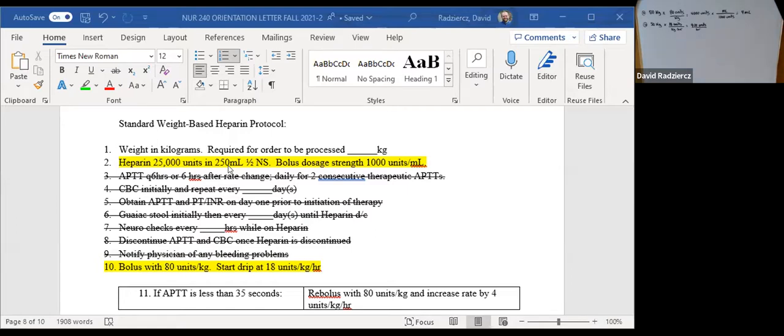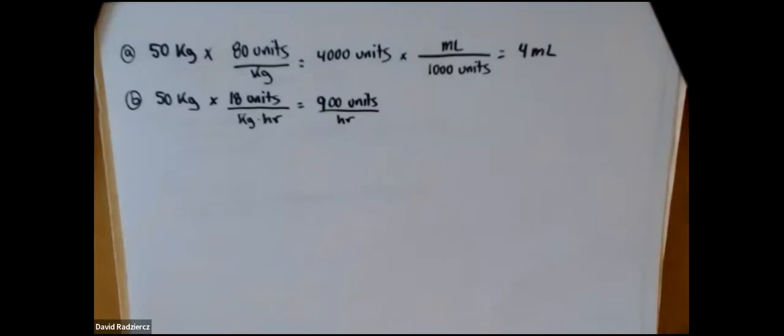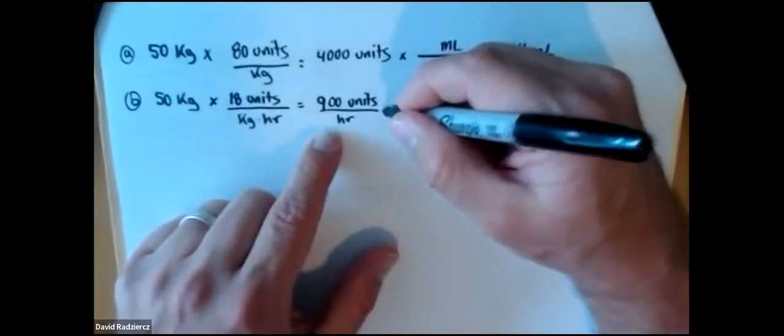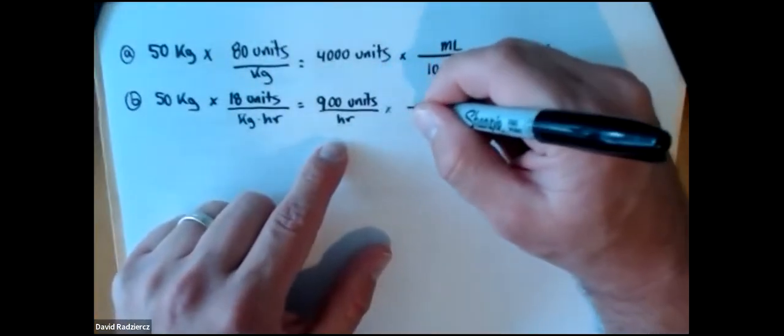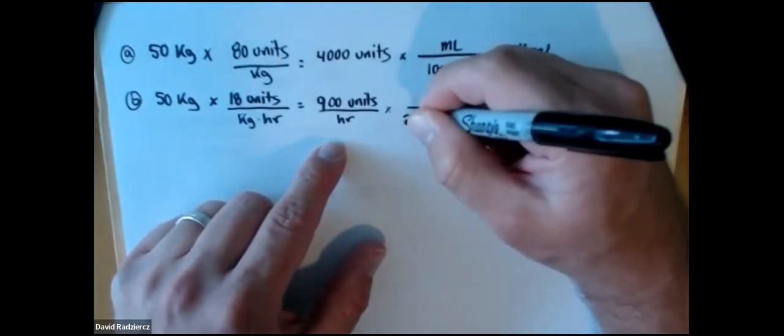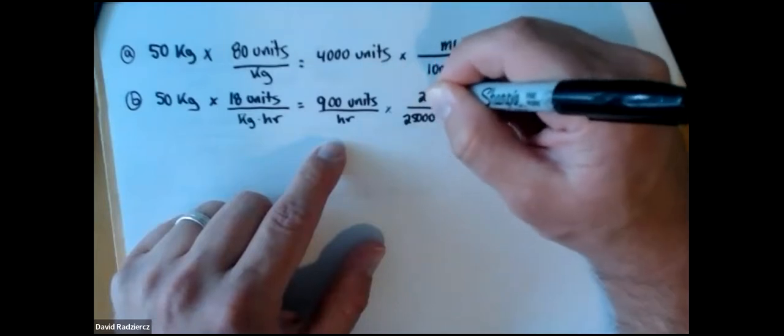So if you wanted to, you could just take the 900 divided by 25,000, multiply by 250, and you're doing the exact same thing as the dimensional analysis here. 900 units, 25,000 units, 250 mL.